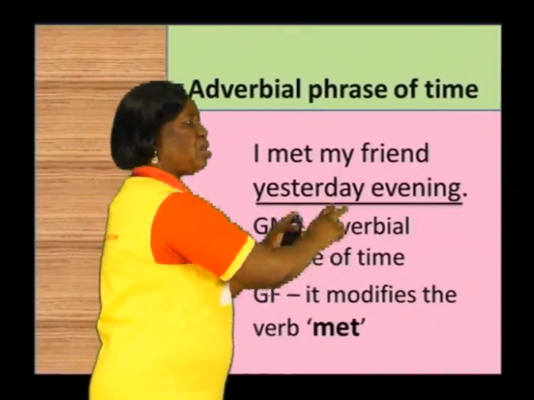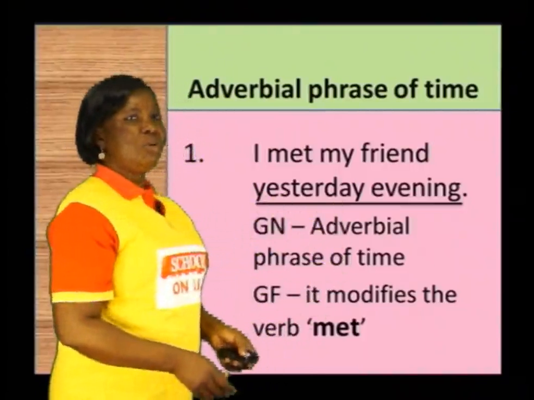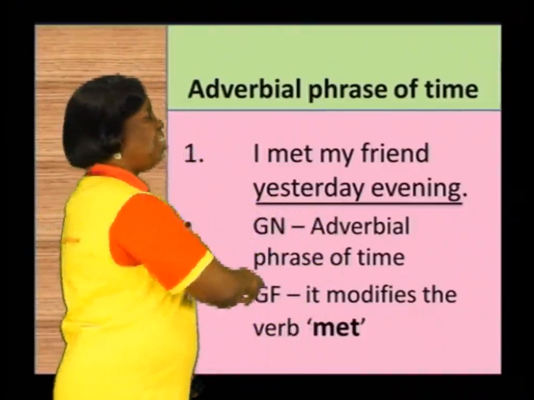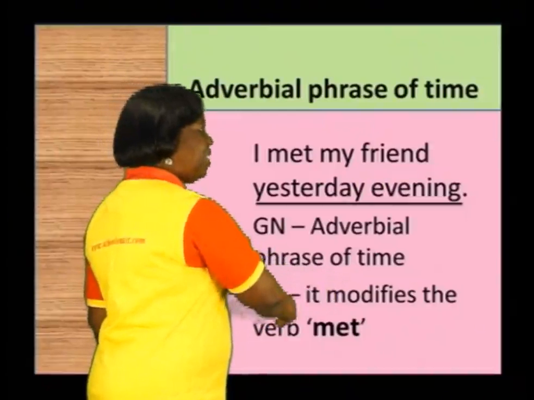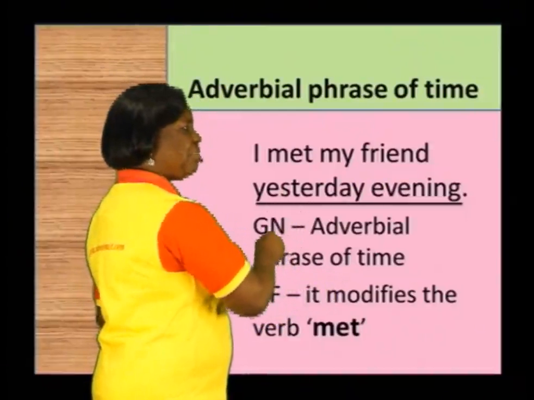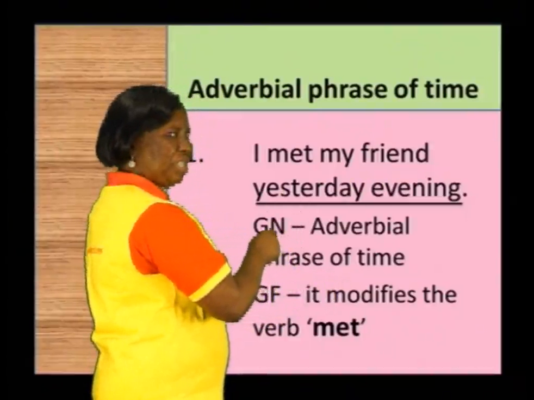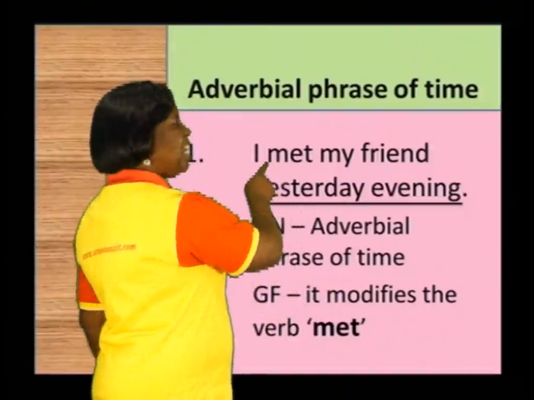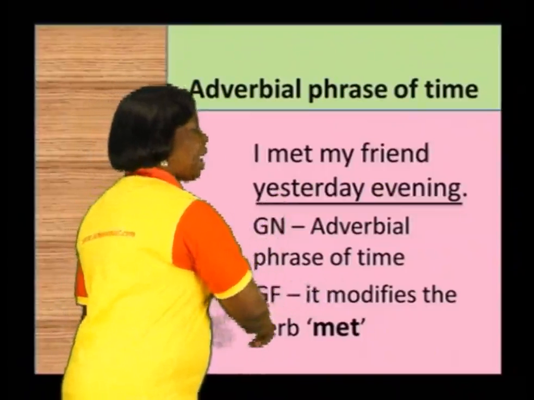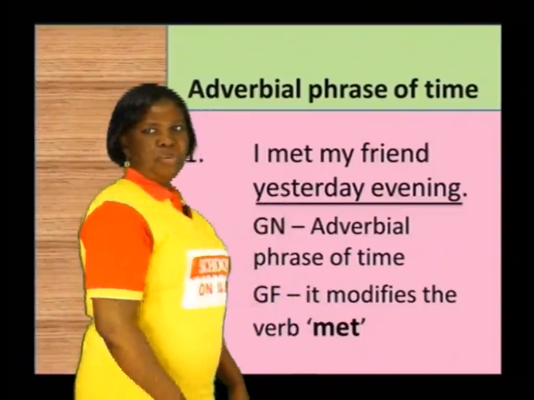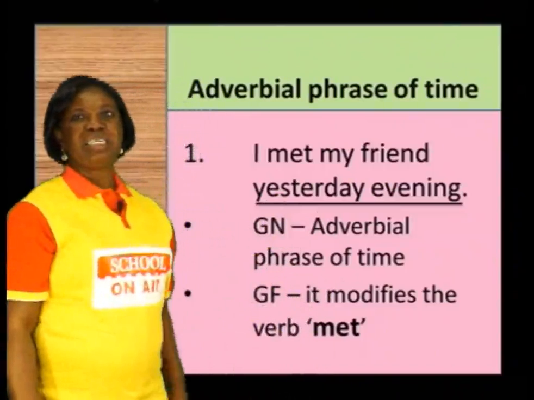The "of time" is optional. Whether you put it or not, it won't affect your mark. Then the GF, grammatical function, it modifies the verb. So where is the verb that it modifies there? Look at the sentence. Can you point to the verb there? That is the verb met. So you write it out. It modifies the verb met. You write out the verb as you have it in the sentence.